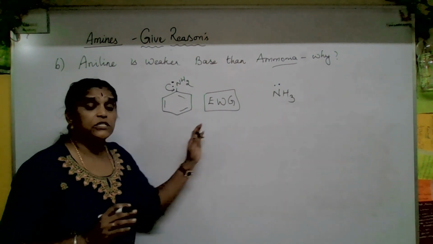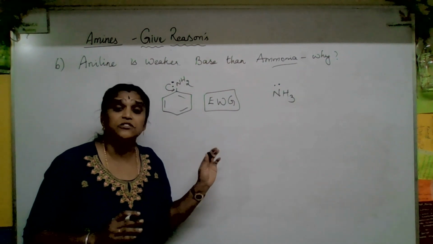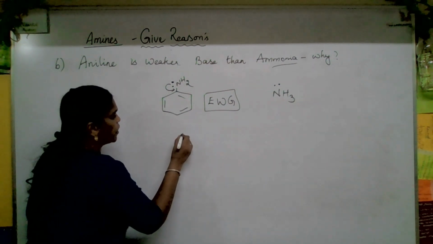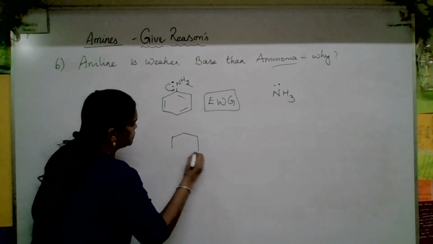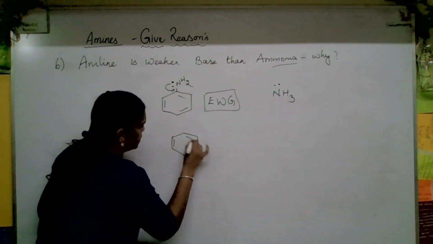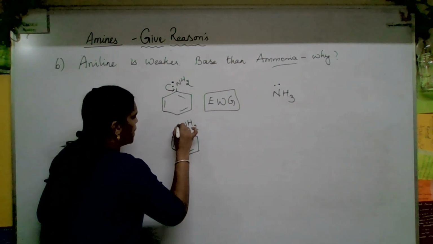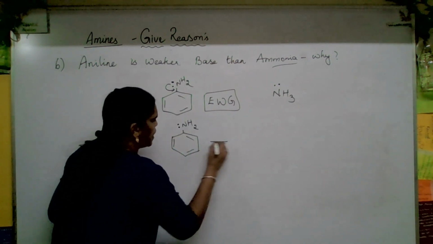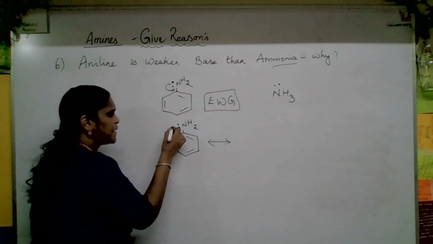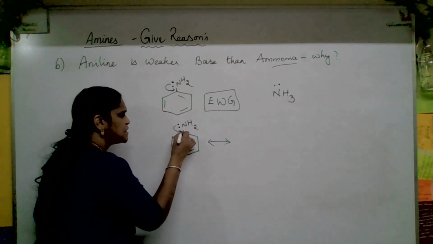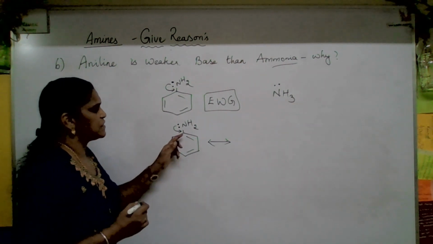Now let us identify the resonance structure of aniline. This is the benzene ring connected with the amino group, with a lone pair of electrons. With the double-headed arrow, the lone pair of electrons donates here, which means resonance takes place.